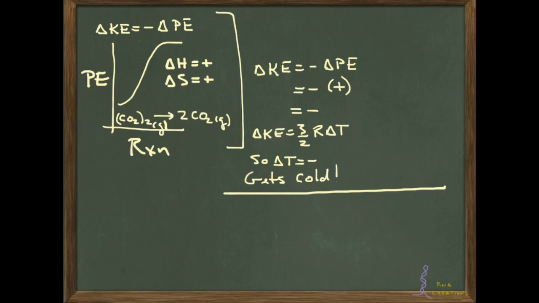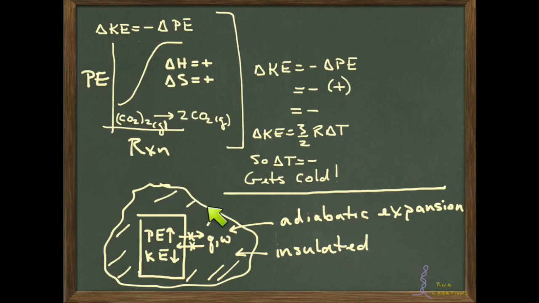This explains why the system gets cold. As the gas expands, it spontaneously goes from dimers to monomers because of the increase in entropy. That increase in potential energy comes from the molecules sacrificing their own kinetic energy, and they get cold. Essentially, no heat or work is transferred in this process.